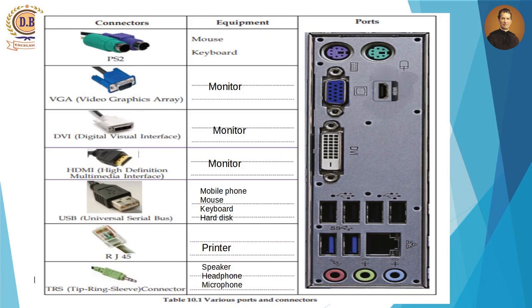For the telephone network, mostly we are using RJ11, and this connector RJ45 is used for connecting the corresponding UTP cable to the computer. Then the last one, TRS, Tip Ring Sleeve connector. We are using that to connect microphone, speaker, etc.